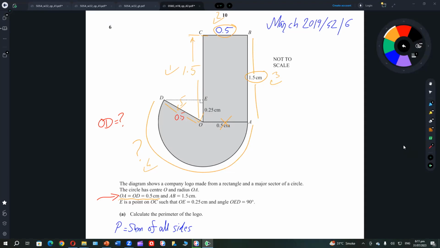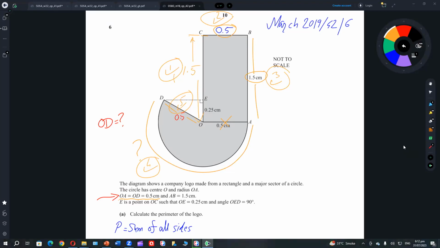I have marked for you the numbering: 1, 2, 3, 4, and fifth. There are 5 sides. Can you tell me which number side is missing? Which side is missing? 4. The side number 4 is missing.